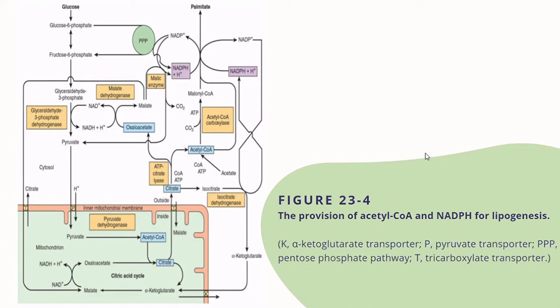You see now how these are all integrated: glycolytic pathway, citric acid cycle, fatty acid synthesis. Okay, so here now, you will be able to see how glucose can become fat.